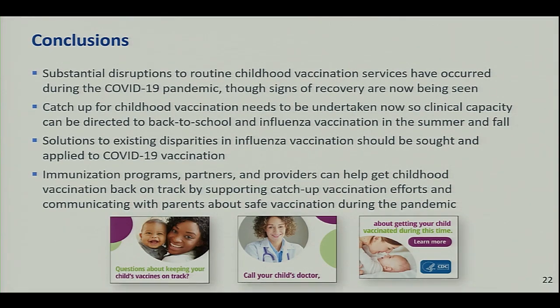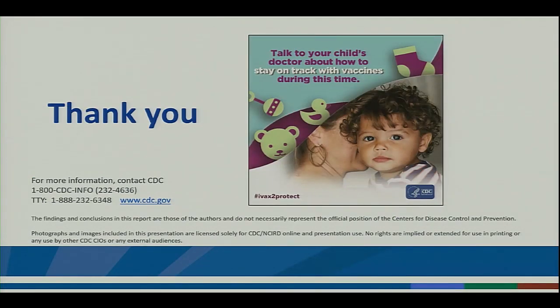We need solutions to our existing disparities in influenza vaccination coverage in order to avoid these disparities if possible when we have a COVID-19 vaccine. And we appreciate the support of immunization programs, partners, and healthcare providers in getting childhood vaccination back on track by supporting catch-up vaccination efforts and communicating with parents about safe well child visits and vaccination during the COVID-19 pandemic. Next. Thank you. That concludes the presentation.